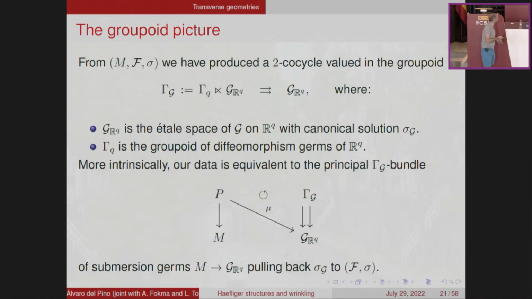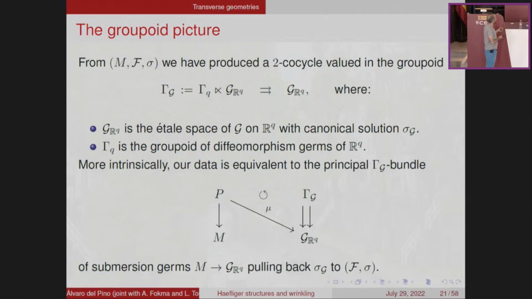Maybe to say it explicitly, at a point in M, the elements of P are all the possible submersions into the étale space, such that the transverse structure upstairs pulls back the universal solution in this étale space. After all, this is the space of all solutions, so at every germ of solution, you have a solution that you pull back. This is a weird thing, but okay, there's a principal bundle going on here.